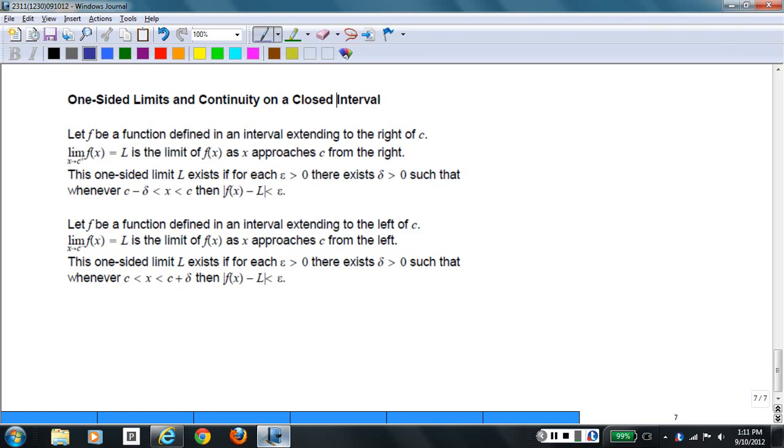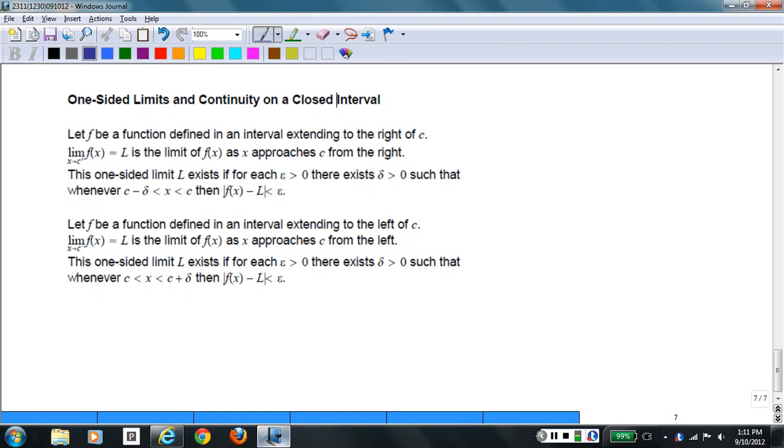What we'll see is the pieces need to meet in the middle in order for the limit, what we'll call a two-sided limit, to exist. And when they approach different values, we want to say that each one is a one-sided limit that exists, but if they don't agree, the two-sided limit does not exist.